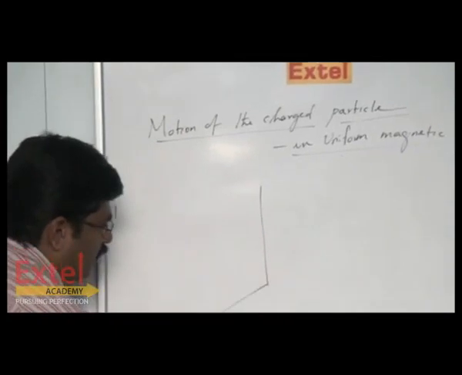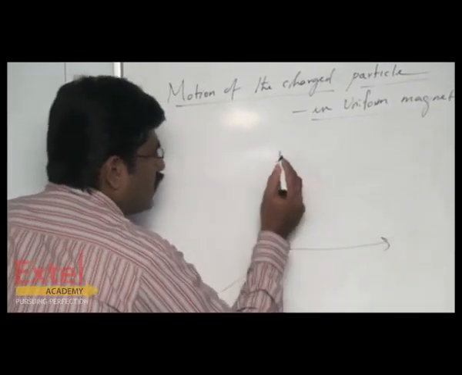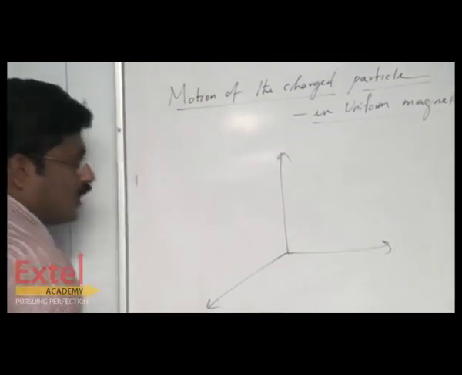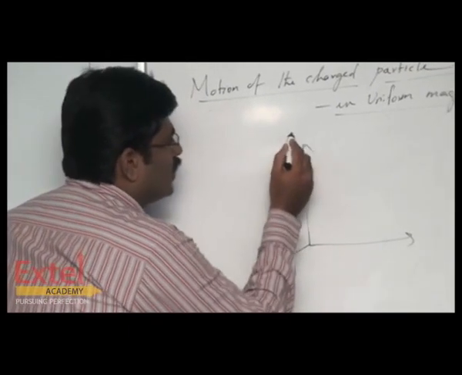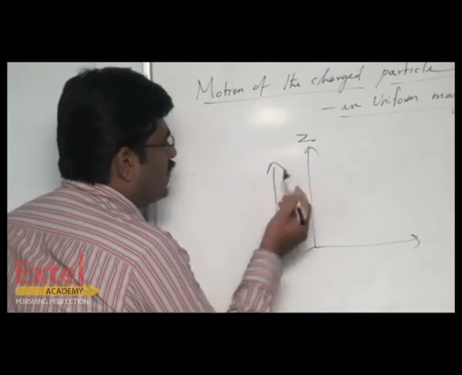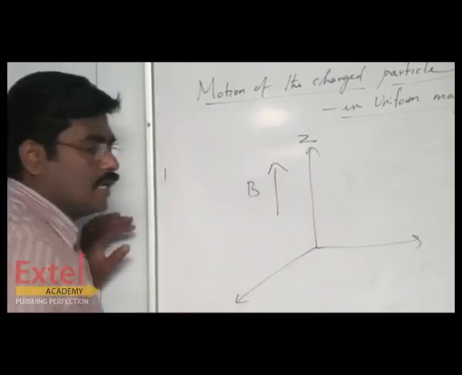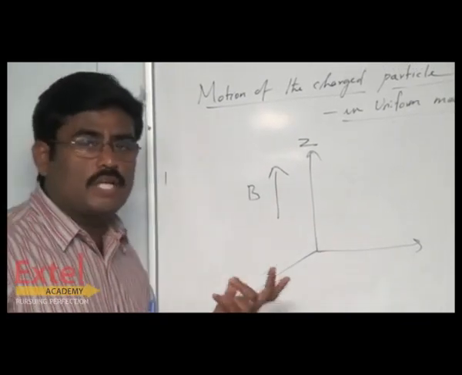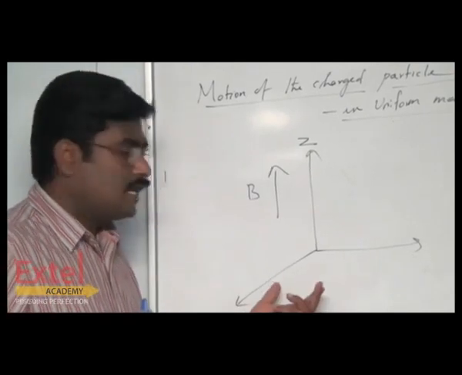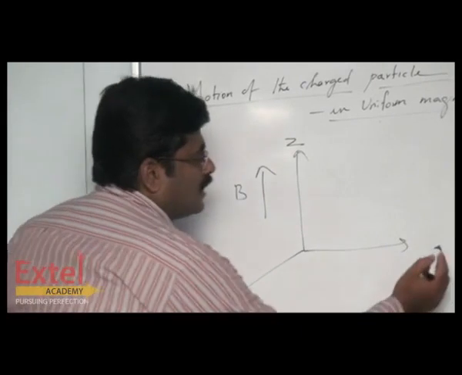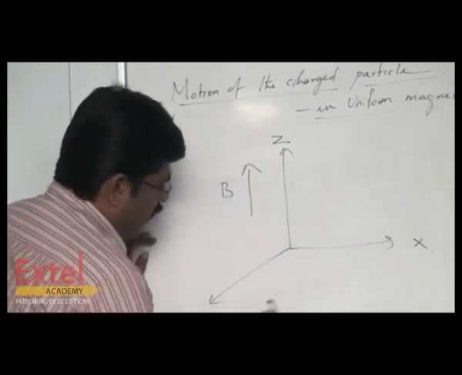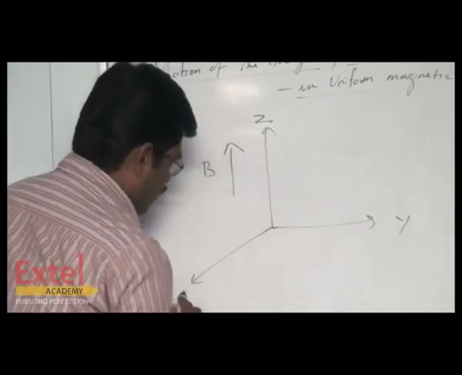Let us consider a three-dimensional Cartesian coordinate system in which a uniform magnetic field is acting along the z direction. Then the charged particle, namely q, can be assumed to be in the x, and this can be y and this can be z.